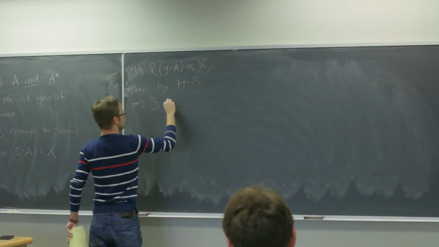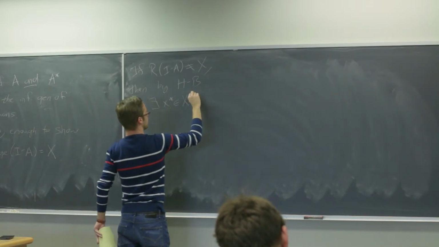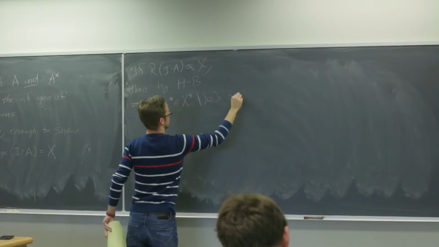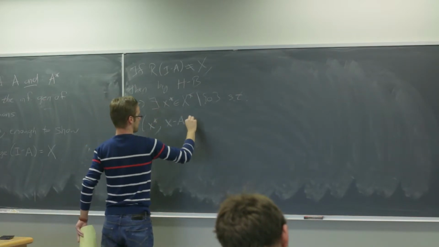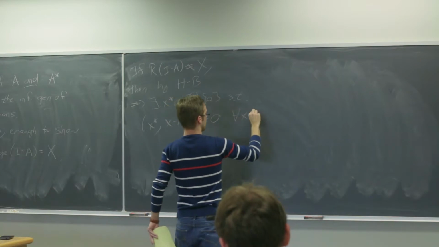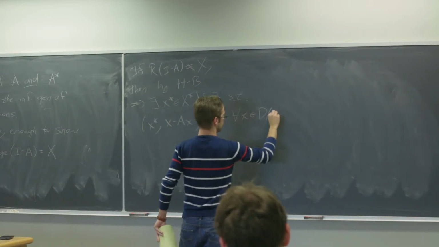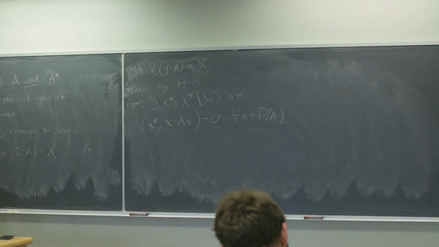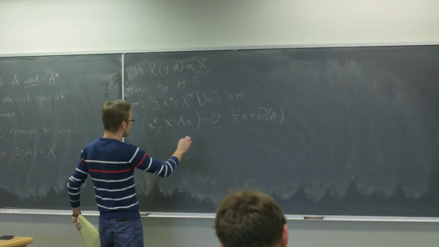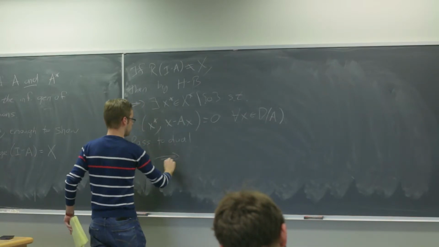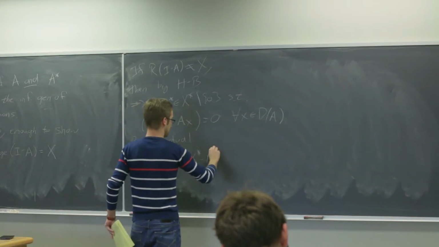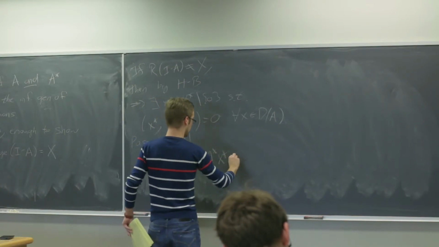I can find an element of the dual, x star, that is not 0, such that x star acting on x minus Ax is equal to 0 for each x in the domain of A. It's a simple application of the Hahn-Banach theorem. Passing to the dual, this tells us that x star minus A star x star is equal to 0.